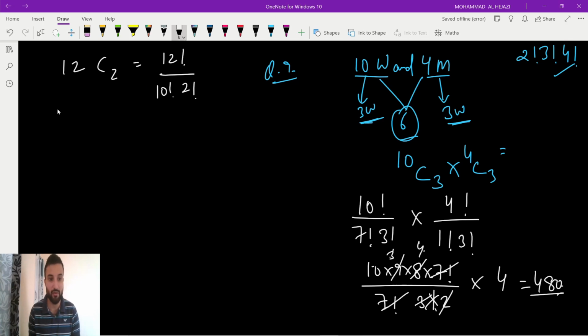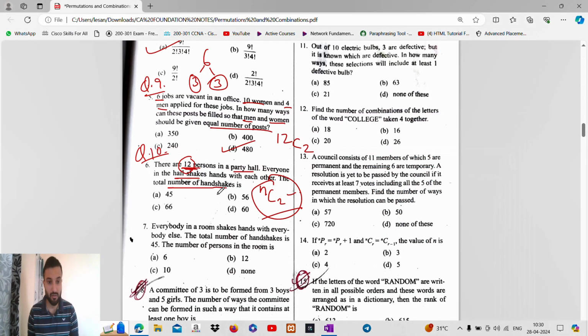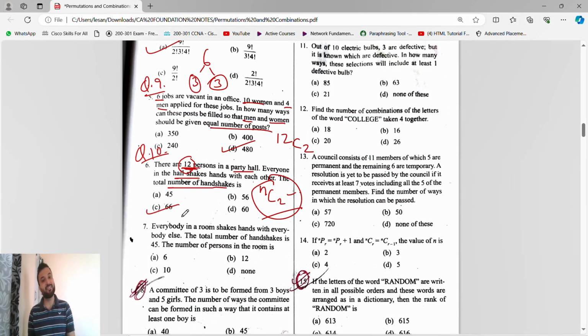So 12 factorial we will write as 12 into 11 into 10 factorial divided by 10 factorial into 2 factorial, which is 2. So it will get cancelled. It will become 6 into 11, 66 handshakes. So yeah, 66 handshakes. You'll go and do handshakes.